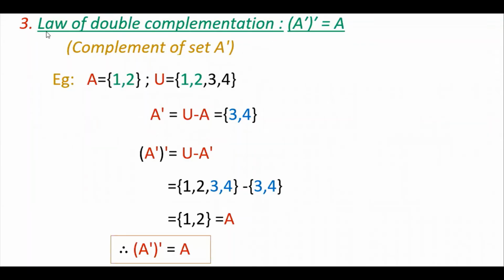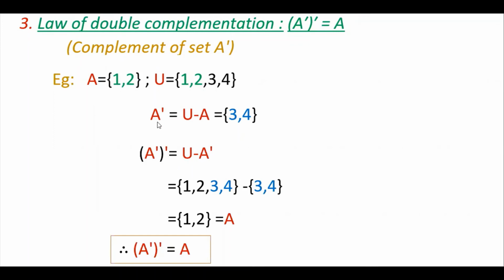This is the third law, the law of double complementation. If you complement the complement of set A, that is equal to the set itself. If you see this example, A is equal to 1, 2 and U is equal to 1, 2, 3, 4. The complement of A is, if you take out the elements 1, 2, the remaining are 3, 4.